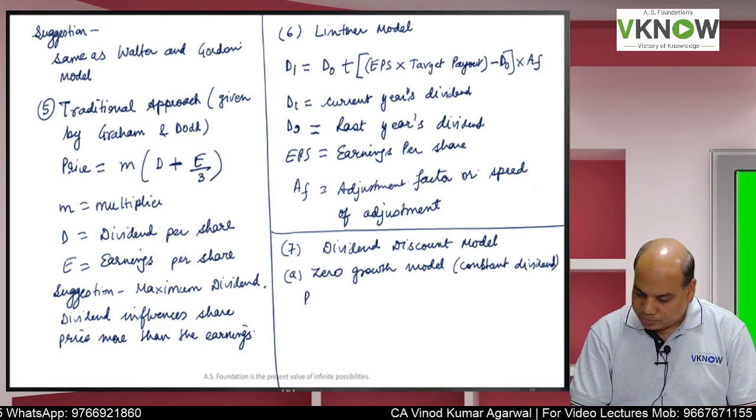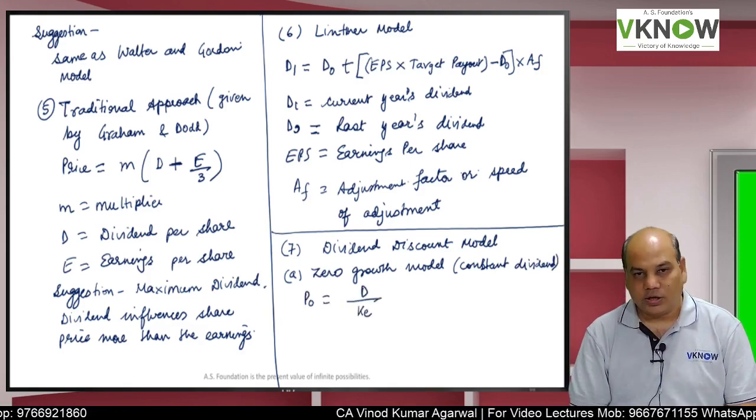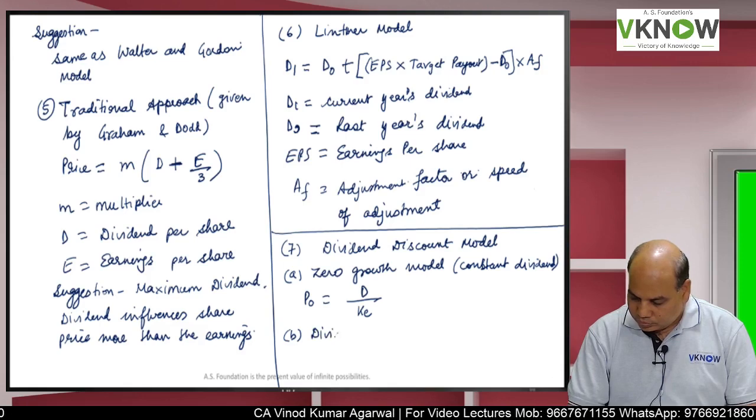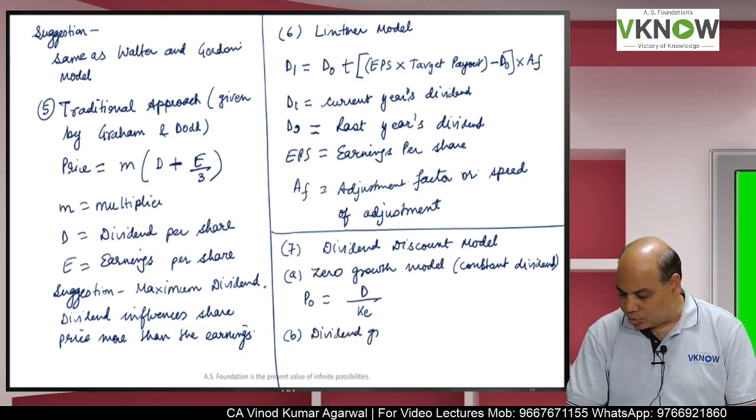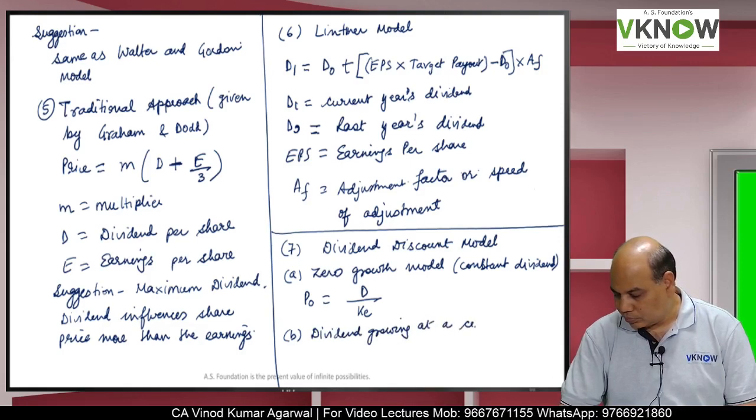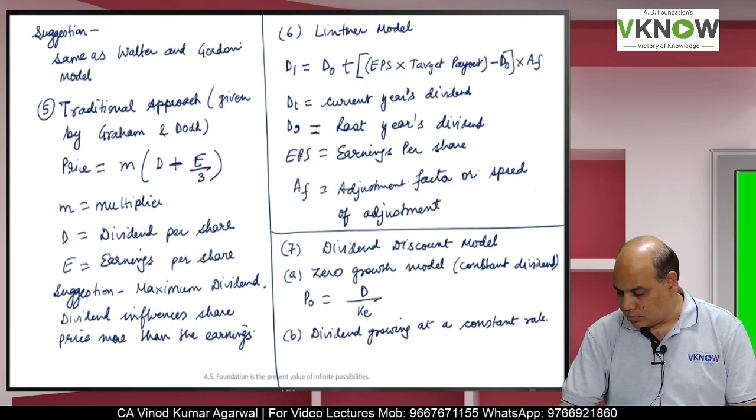The formula is P0 equal to D upon K. Then second, write down dividend growing at a constant rate.